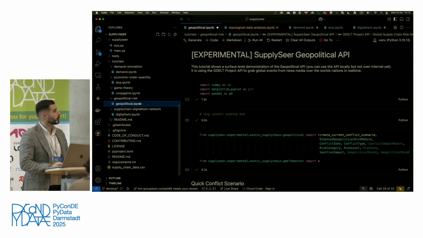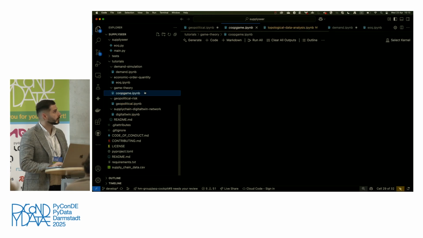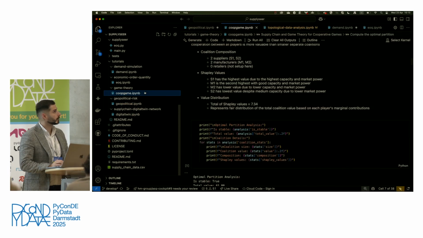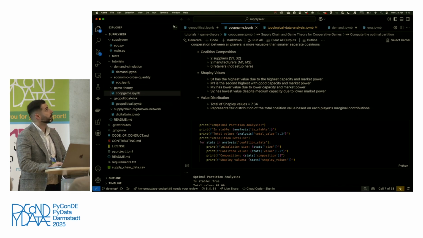How about we do this one, it's probably more interesting, let's start with this one and we can finish with the geopolitical risk module.